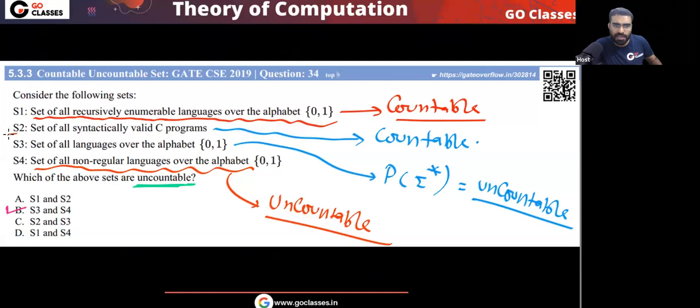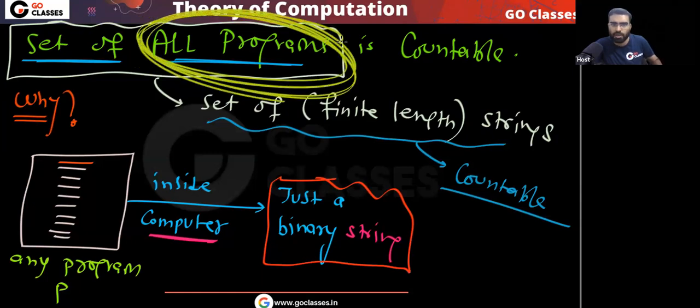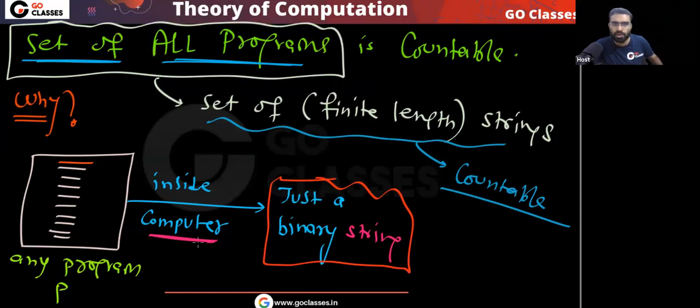So we have seen option S2: the set of all syntactically valid C programs. Even if it is syntactically invalid, it is also countable, right? Forget about syntactically valid. If you take all the C programs, Java programs, Python programs, the set of all programs is also countable.